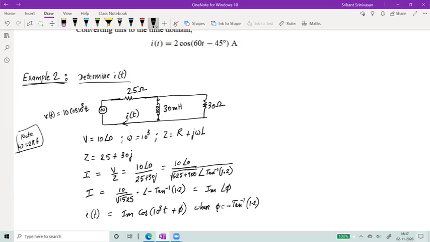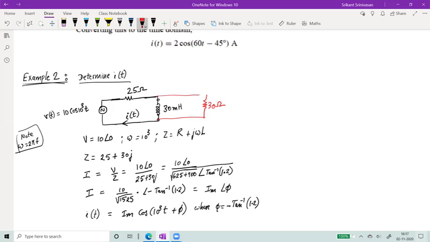So this is, let me put this in a different color. Let's see if this works. Okay. So that when you're later looking at the slides, you don't get confused.